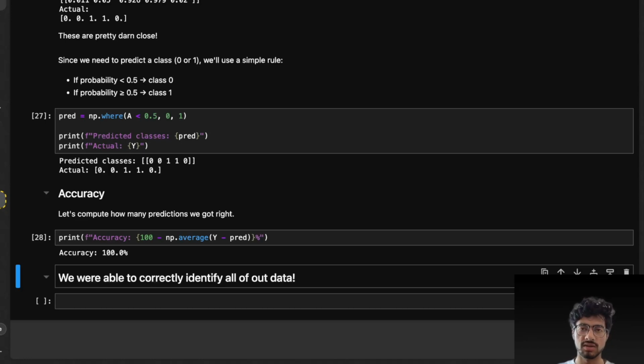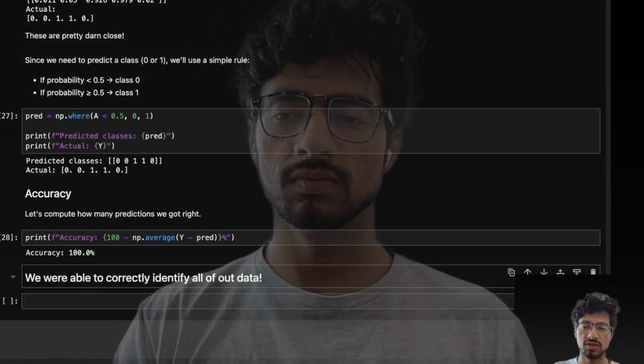You understood about the sigmoid function, about the loss function, and why the loss is different for logistic regression compared to linear regression. You understood gradient descent, updating of parameters, hopefully how matrix multiplication works and all that. So thank you for looking at this tutorial and all the best.